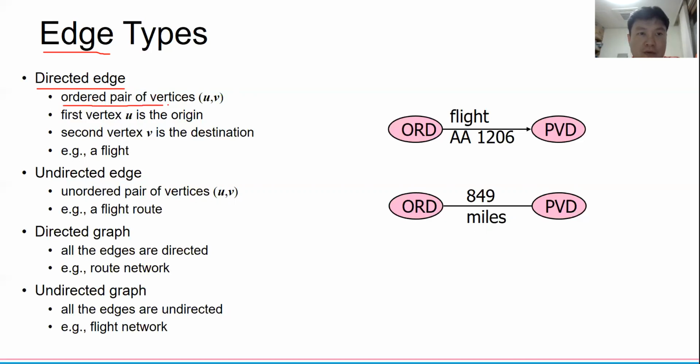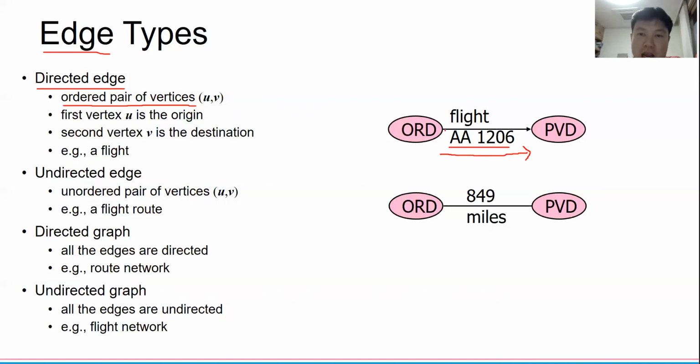In this case, we have a direction, and you can see the direction here. The direction means I have a flight, this is AA 1206, a flight from O'Hare to Pennsylvania.